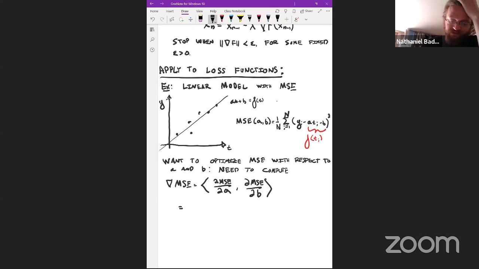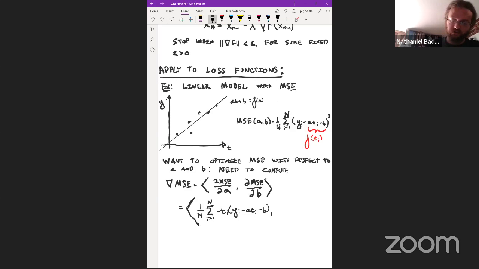Okay, so just to see a quick example, what is the partial derivative of this going to be? We can certainly do it inside of the sum. It's just going to be 1 over n times the sum from i equals 1 up to n times minus ti, partial derivative with respect to a, yi minus a ti minus b.